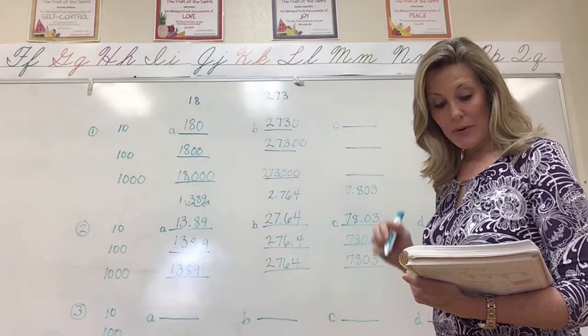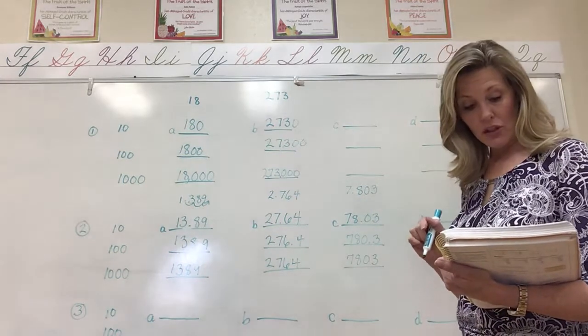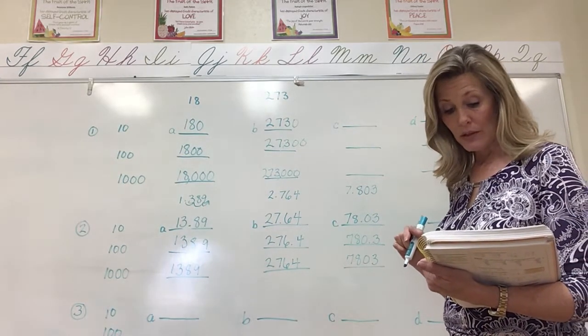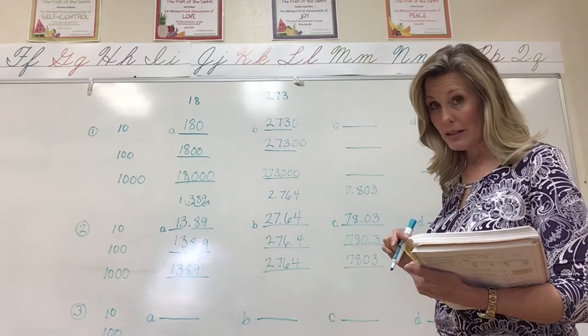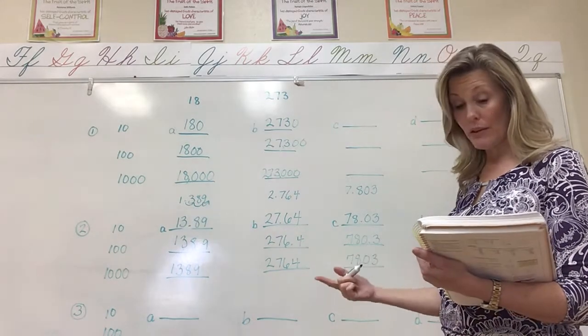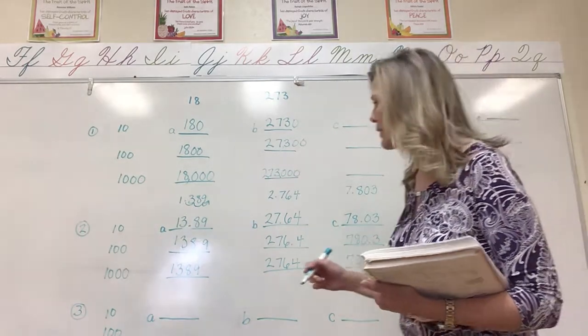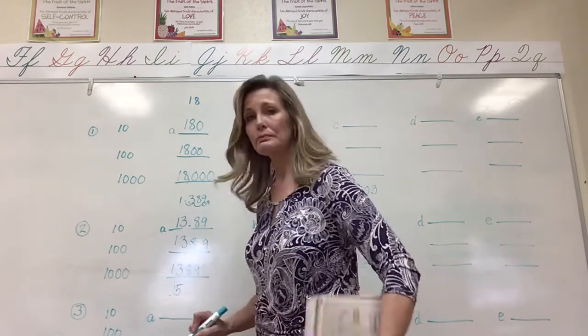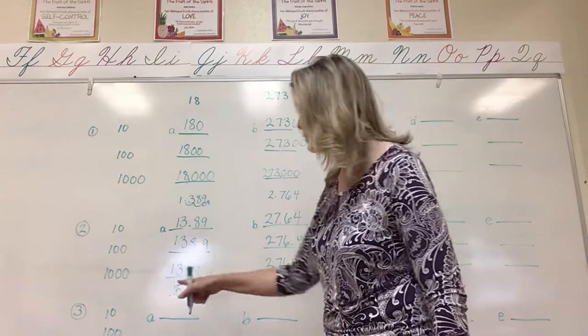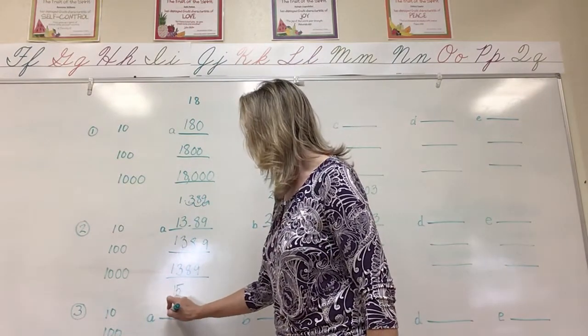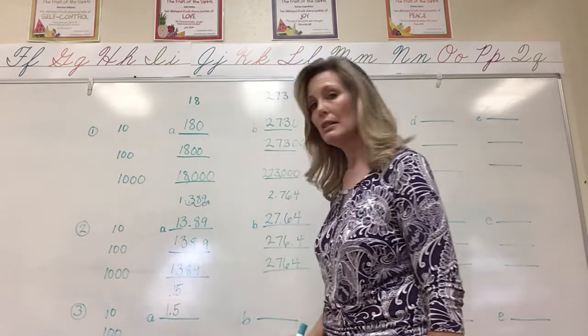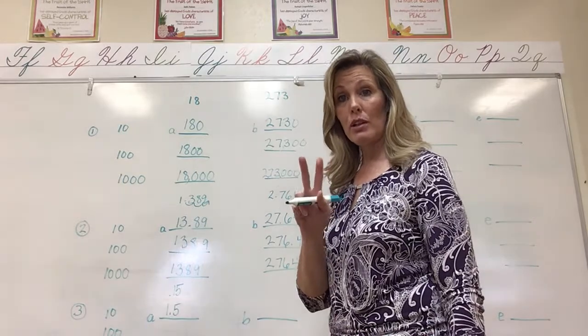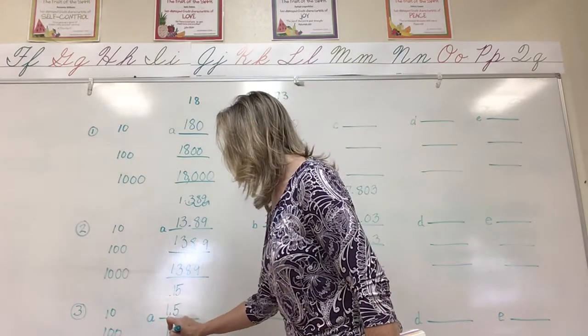Number 3, multiply each decimal by 10, 100, and 1,000 respectively, but I may have to annex zeros on this one. So, for letter A, I have 1.5. If I move that decimal point one place, because I multiply by 10, I get 15. If I multiply by 100, I'm moving it two places, that's going to give me 150.